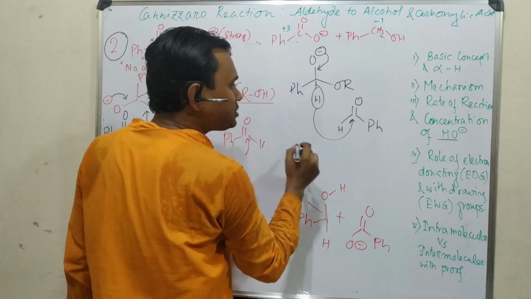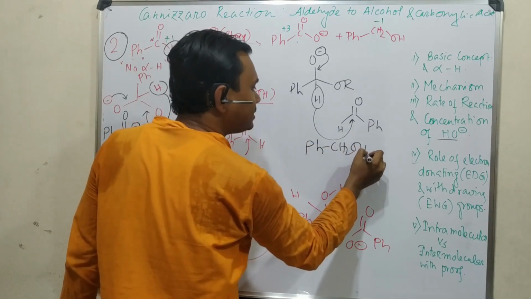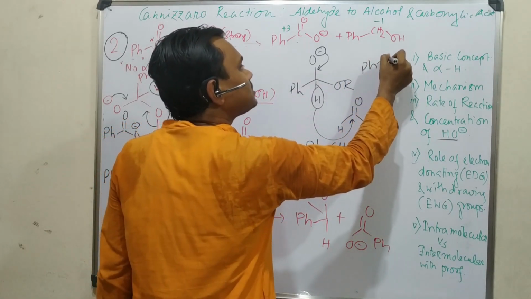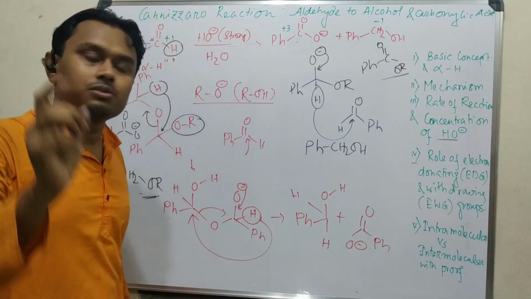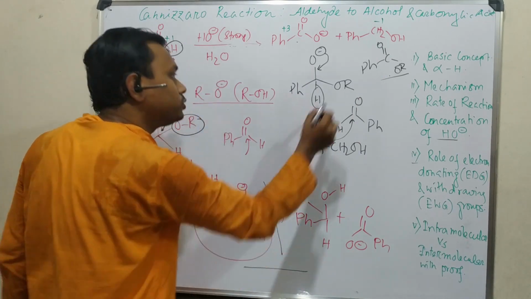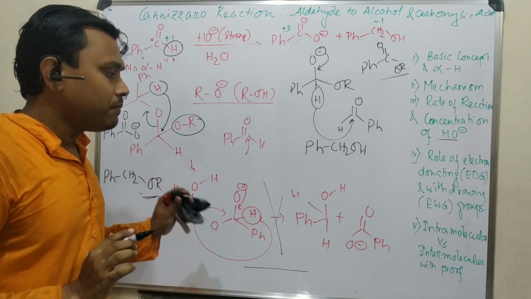So ultimately, the part reduced will produce Ph CH2OH finally, and it will produce Ph COOR. So an ester is produced, and in reality this is produced. So this strategy is proved wrong by this example. Never be confused about this mechanism.